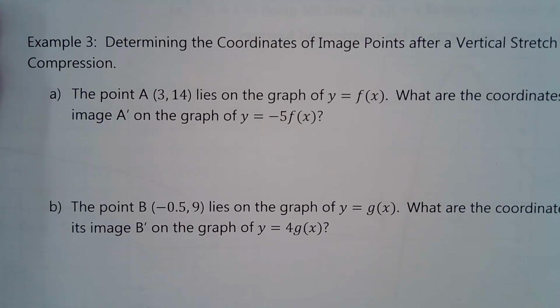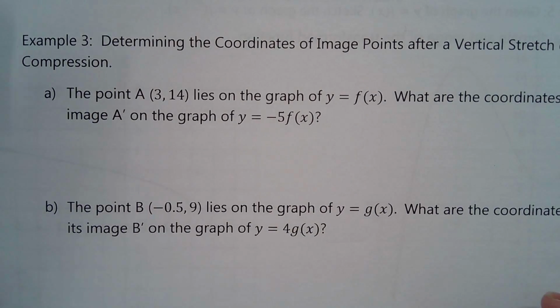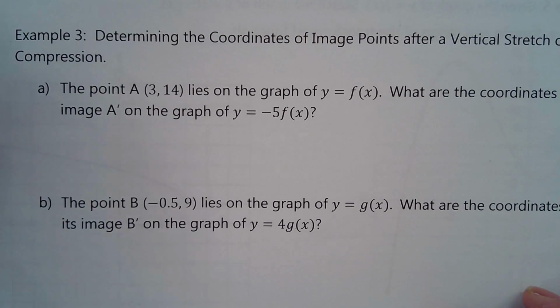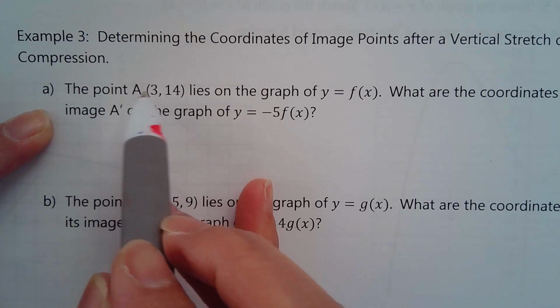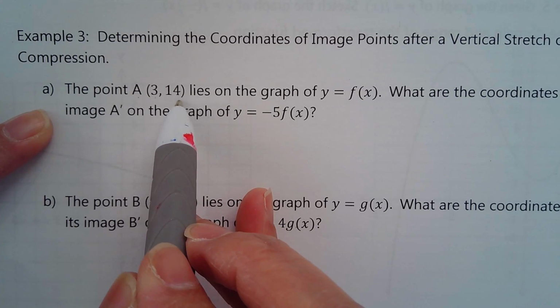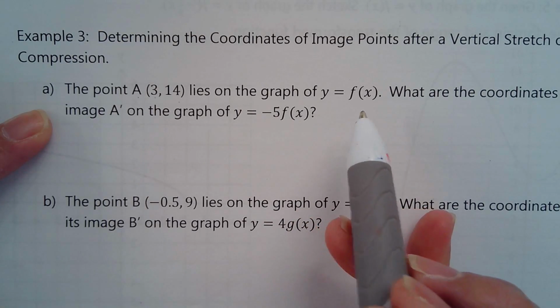Now take a look at example number 3. Okay, this one here, they just gave us a point. Determine the coordinates of the image point after a vertical stretch or compression. Okay, so let's take a look at the A. The point A is (3, 14). It lies on the graph of y equals f of x.